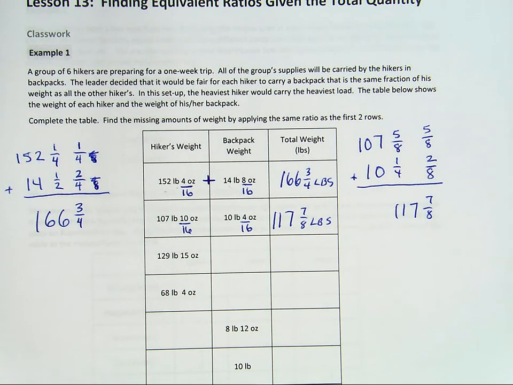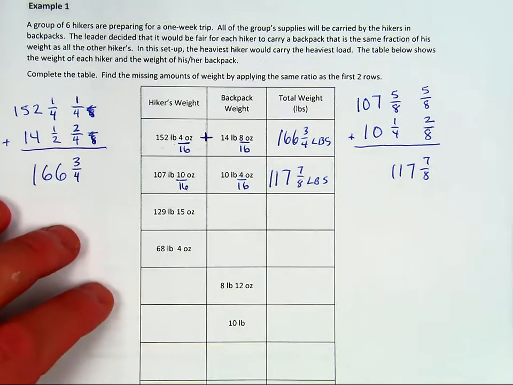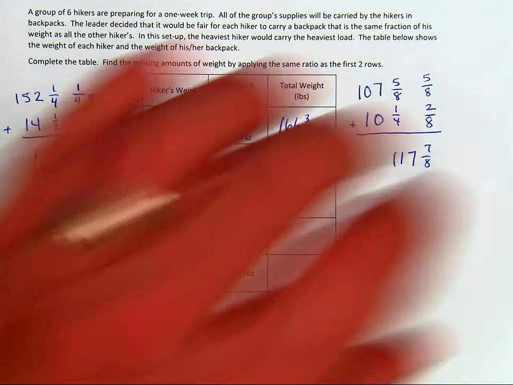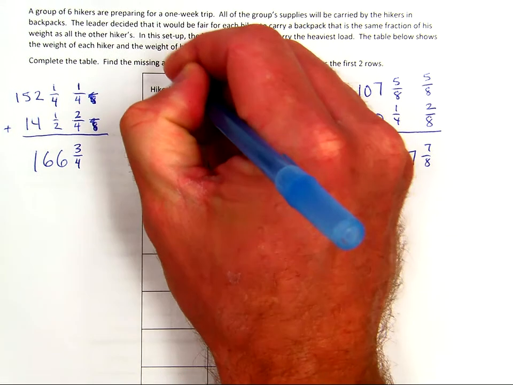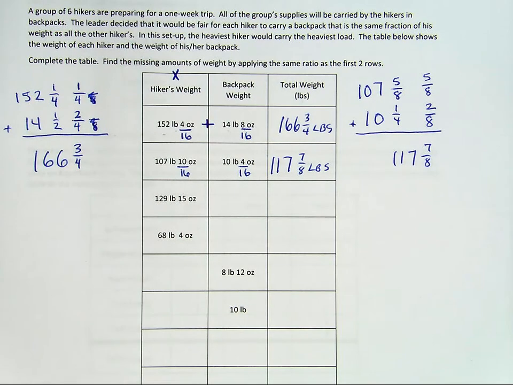All right, now comes the tricky part. Since the beginning of September, I shared with you guys that the first measured value or the first measured quantity in a table is called the x.